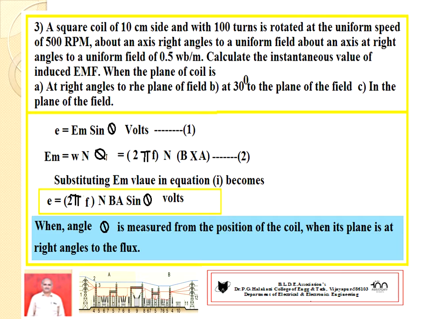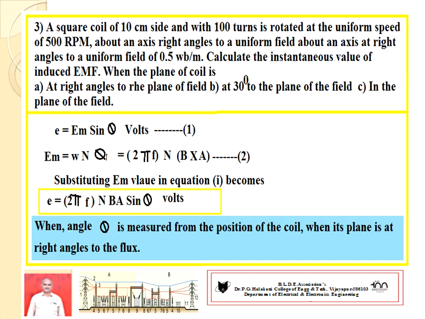Omega, in terms of frequency, I can replace by 2 pi f. N is the number of turns. Flux phi may be replaced by area and flux density, because flux density B equal to flux per area, phi by A. You replace phi equal to B into area.